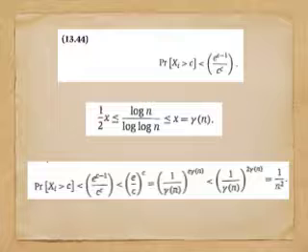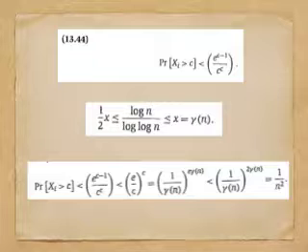Now, if we set c equal to e times gamma of n, then by 13.44 we have the probability of xi greater than c is less than e to the c minus 1 divided by c to the c, which is less than e divided by c, to the c, which is equal to 1 divided by gamma of n to the e times gamma of n, which is less than 1 divided by gamma of n to the 2 times gamma of n, which is equal to 1 over n squared.